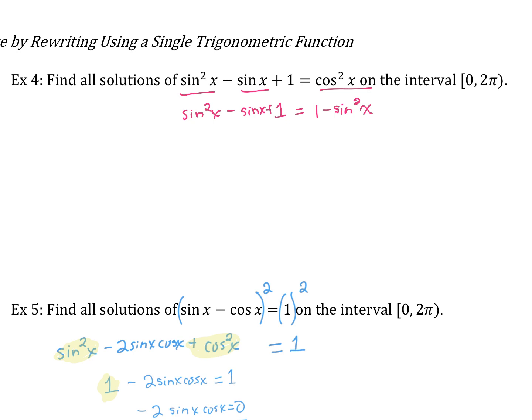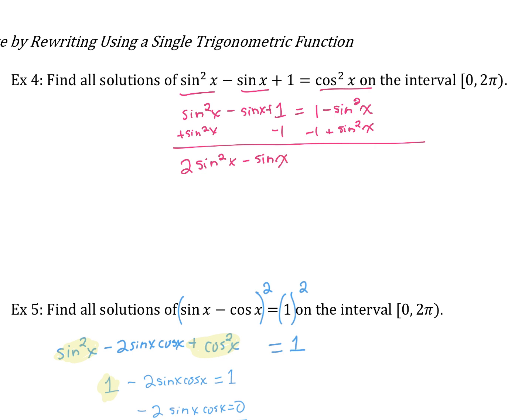Okay, so then I'm going to subtract the 1. I'm going to add the sine squared x. So 2 sine squared x minus sine x. Is that what we get?